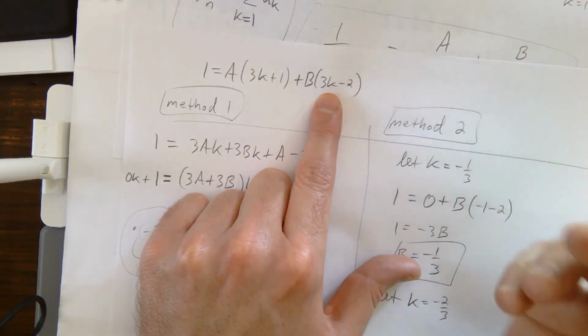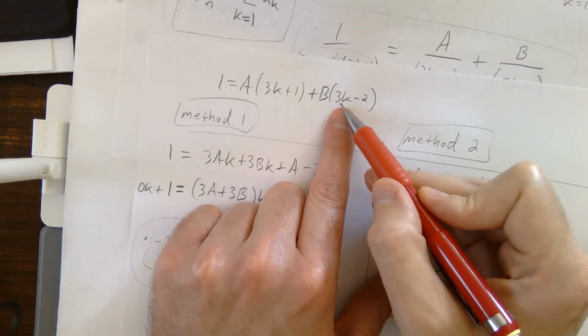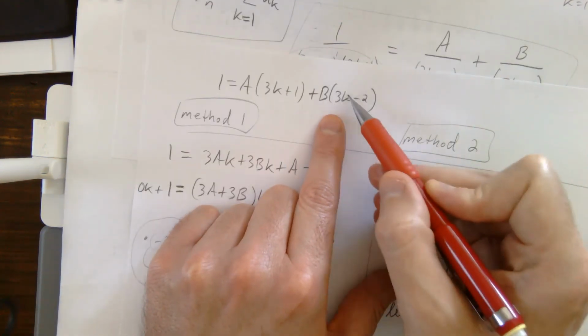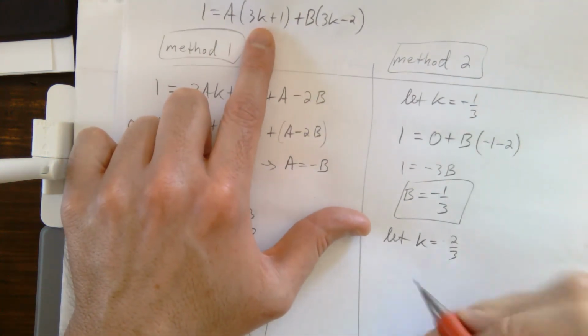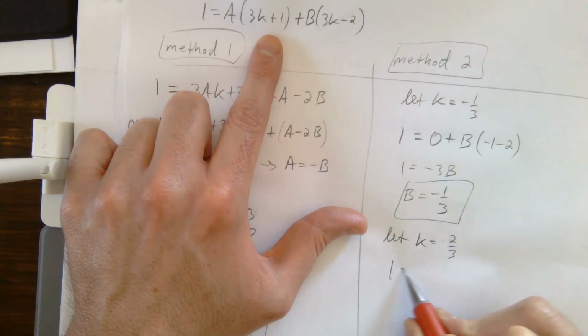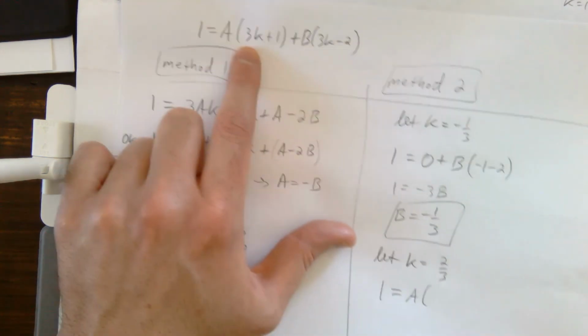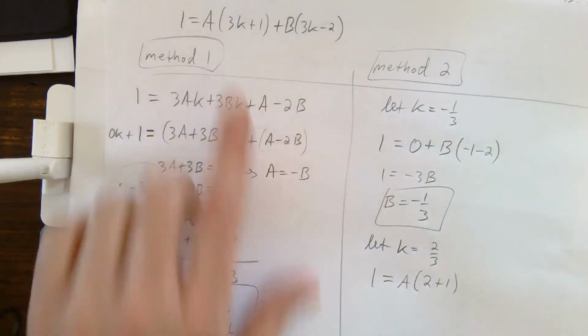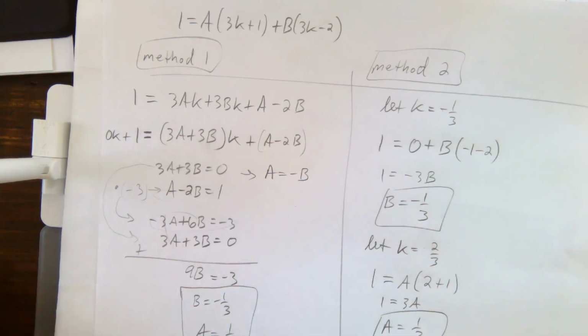But no, not negative, +2/3. +2/3 would give us +2 minus 2, 0. So that's what we need, +2/3. So what's a going to be? +2/3 times 3 is 2. 3a equals 1. a equals +1/3. So there we have it.